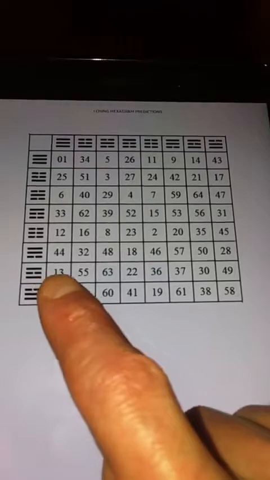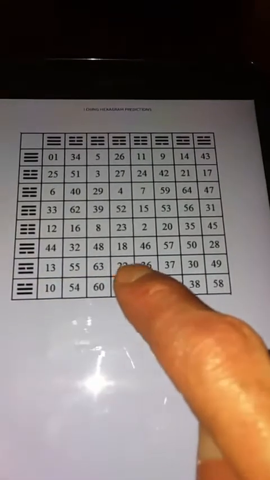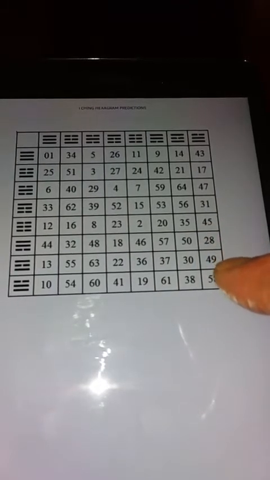Number 49. Okay, so this is the bottom half of the hexagram that it's changing into, and that's the top half of the hexagram, so it's number 49. What was that again? 46? Jesus Christ, what was it? 49 or 46? I hate this new layout by Amazon Kindle.